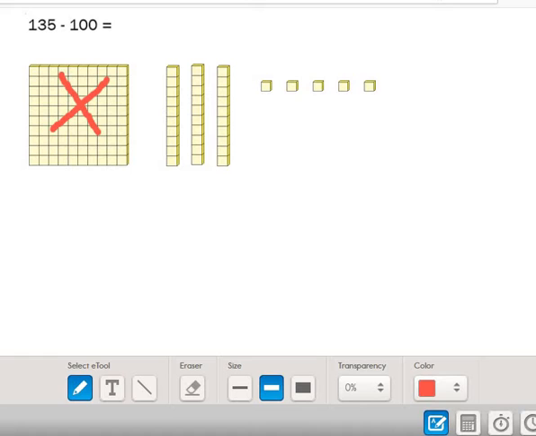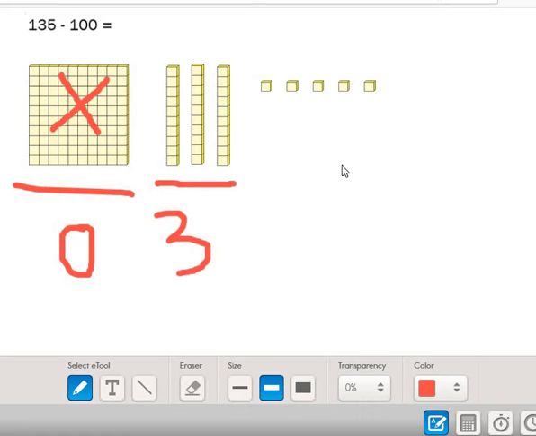Now, how many hundreds do we have, grade 2? We have 0 hundreds. Excellent. And how many tens? 3 tens. And how many ones? We have 5 ones. So 135 minus 100 equals 35.